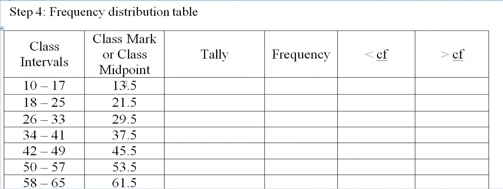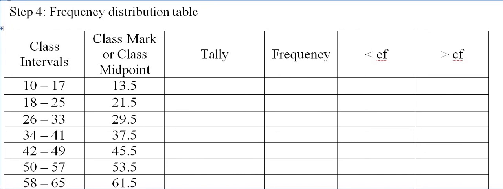So, for the first class interval, 10 plus 17 divided by 2 equals 13.5. 18 plus 25 divided by 2 equals 21.5. 26 plus 33 divided by 2 equals 29.5. And so on and so forth, up to the last class interval.